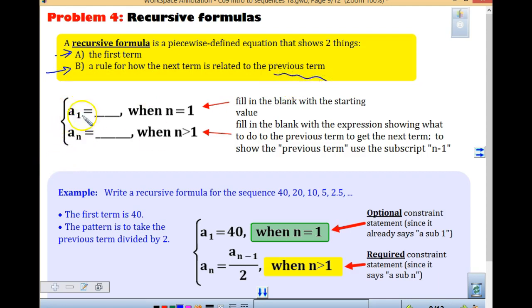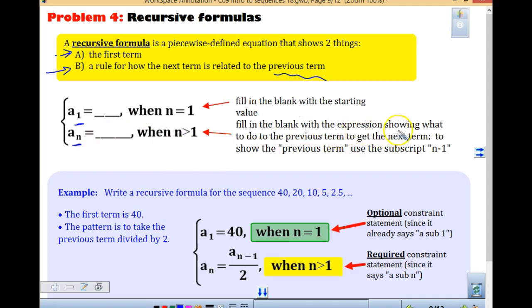So we call the first one a sub 1. We're going to put in whatever is our first number in our sequence. Okay? And it will be when n equals 1. Now, that is when it's the first term. That's what that means right here. Here, notice they put a sub n, and you're going to have a rule here. And this will be when n is greater than 1.